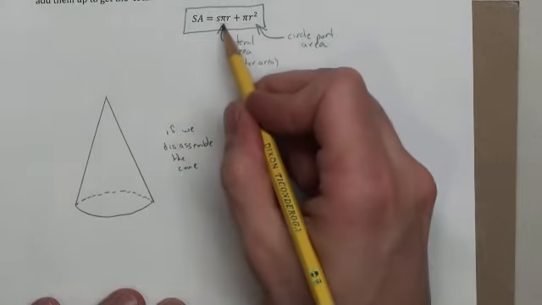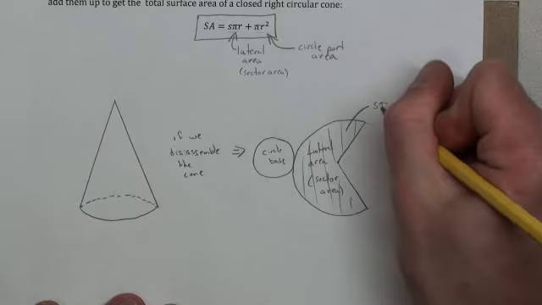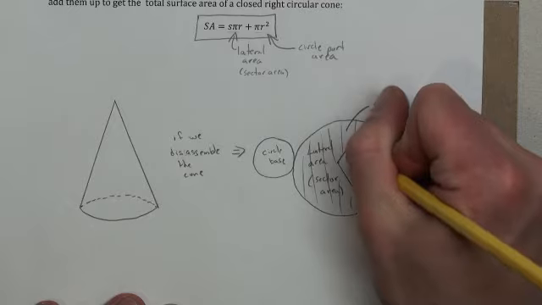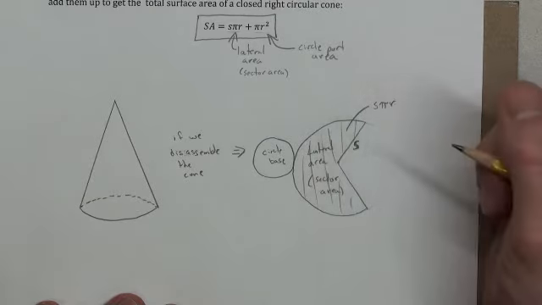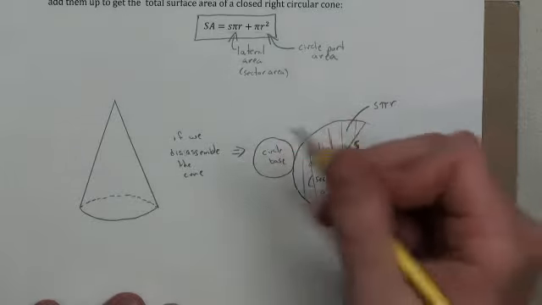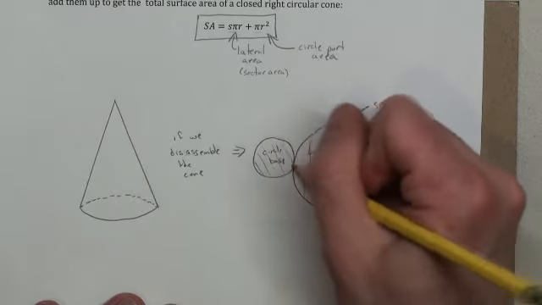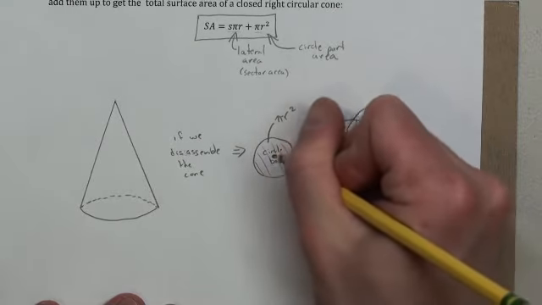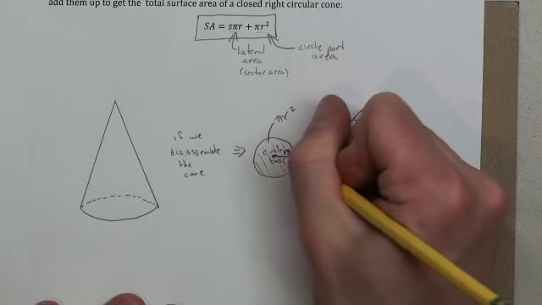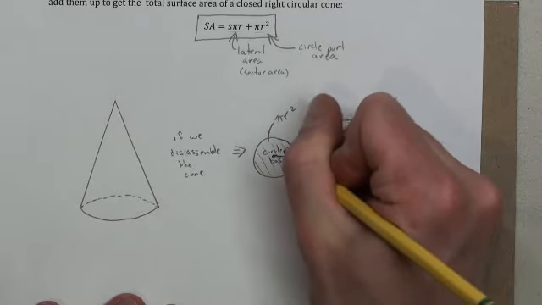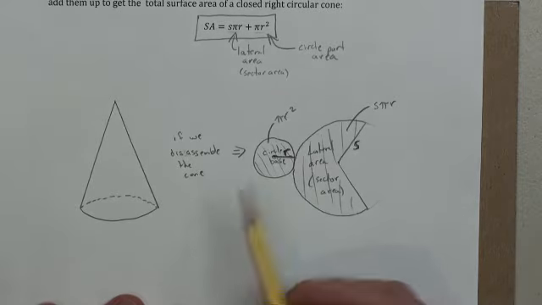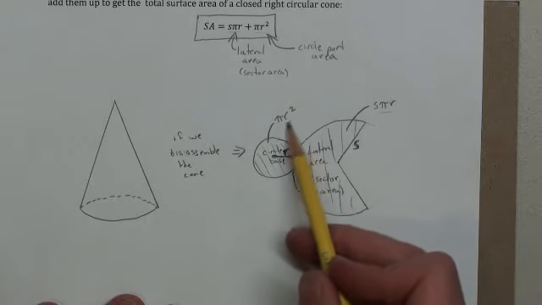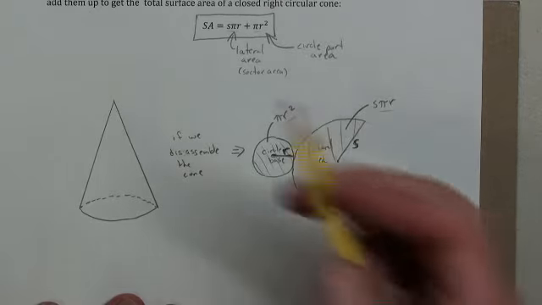The area of this is that S pi r part, where S is this distance here. And the circle base is the pi r squared part. The r is the radius of the little circle. So we need to know the radius of the little circle for this part of the formula and for this part of the formula.